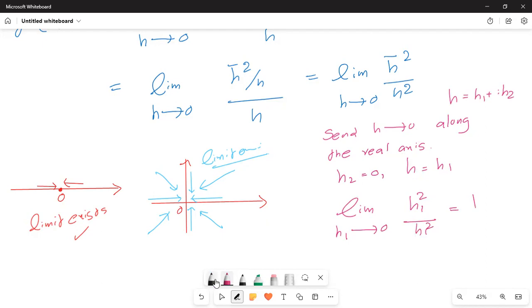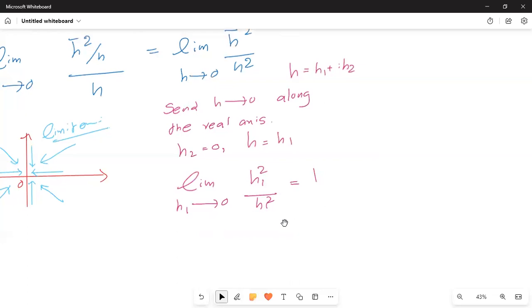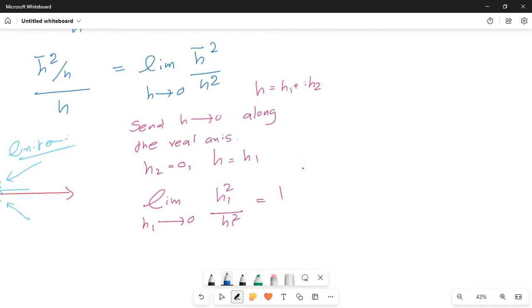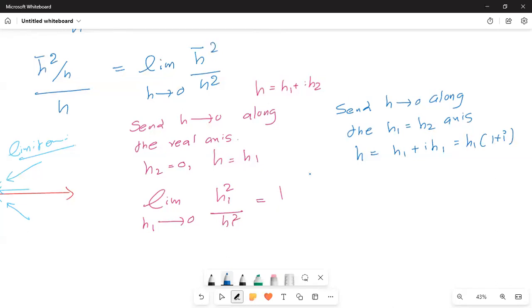Now, if you try to send this limit along the imaginary axis, you will end up having 1 again. So that's not helping. Instead, send h to 0 along the h1 equals h2 axis. So we have h equals h1 plus, now h2 is also h1, so h1 can be taken out: h1 times (1 plus i).